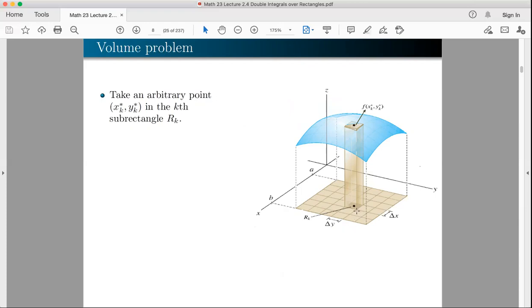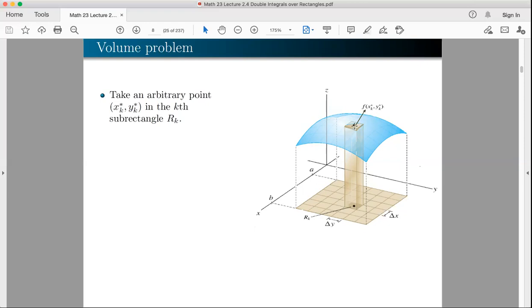So what we do is take any arbitrary point in this kth subrectangle. That point will be x sub k star, y sub k star. And then we take its corresponding point on the surface. The point on the surface corresponding to the point that we selected will have a z coordinate f of xk, yk.